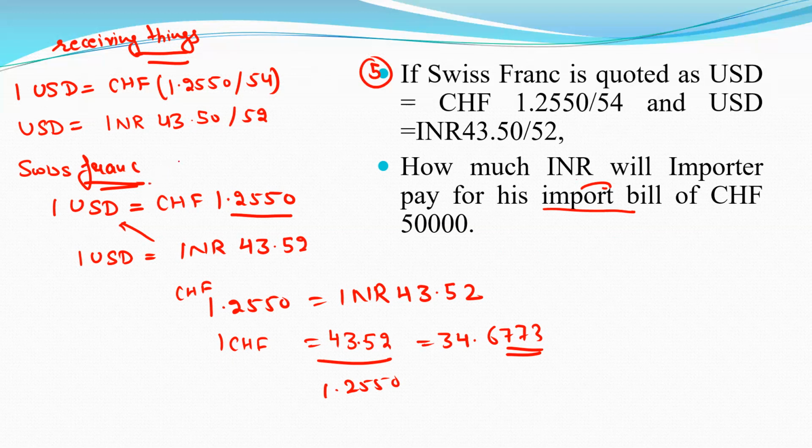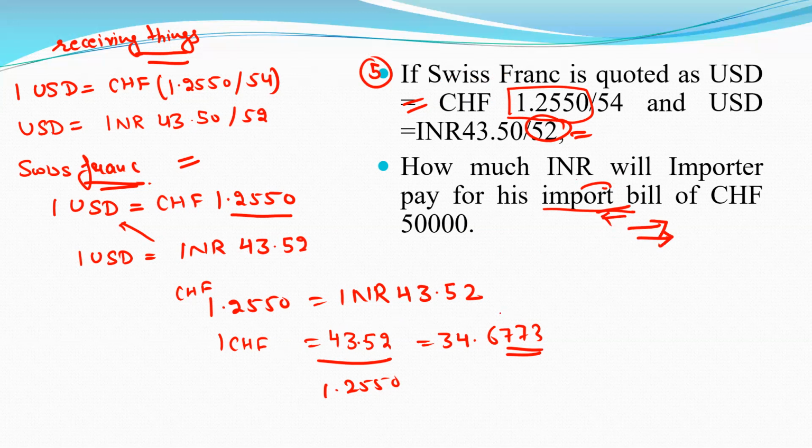Because Swiss francs will be sold to the customer after we buy them against the US dollar. So we take the buying price here, and as we have to sell the US dollar, we take the selling price. We have to import things, so we have to pay in the foreign currency.